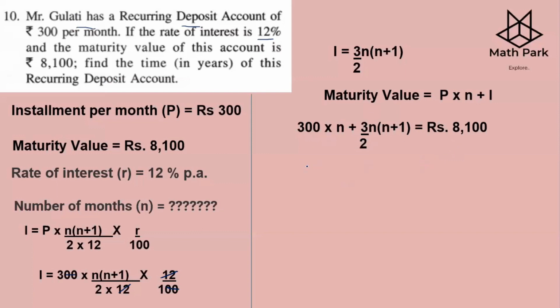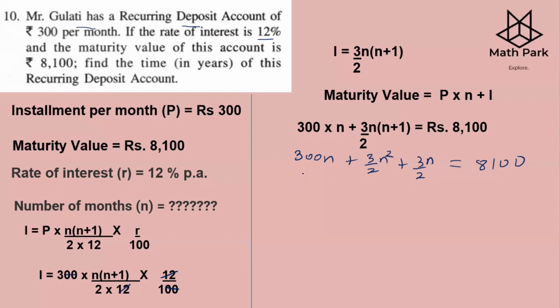So 300 times n is 300n plus 3 by 2 n square plus 3 by 2 n, multiplying by 3 by 2 the bracket inside, is equal to 8,100. So let us add these terms, or take the LCM. So LCM is 2 here.